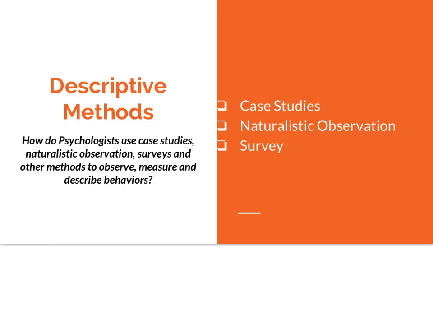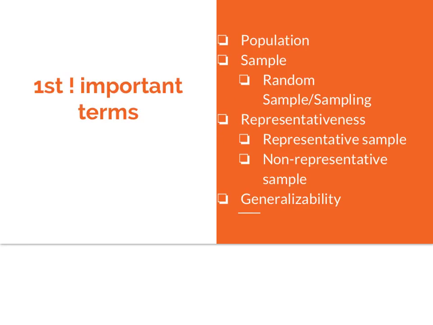So again, keep in mind the question on your slide, which is how do psychologists use case studies, naturalistic observations, surveys, and other methods to observe, measure, and describe behaviors. In your textbook, you have these definitions at the very end of Module 5.